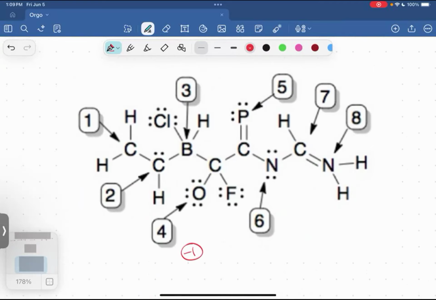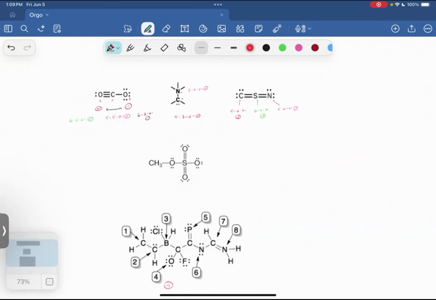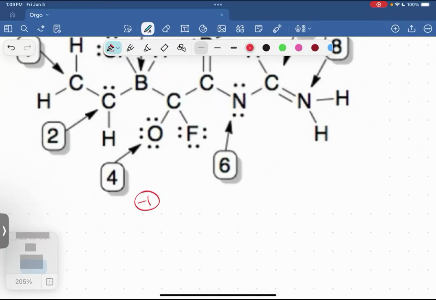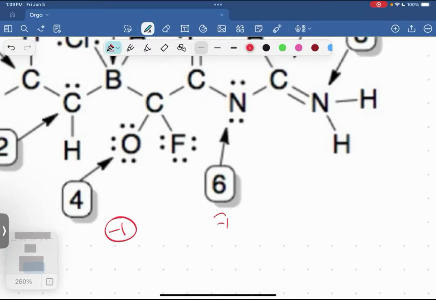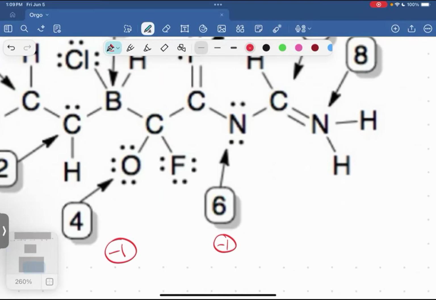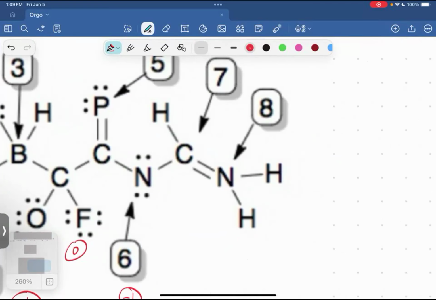That nitrogen is carrying two bonds, so we automatically know that's going to be, like what we just did up here, -1. That fluorine, remember that pattern that I spoke about earlier, is going to be neutral. A nitrogen making 4 bonds is going to be positively charged.